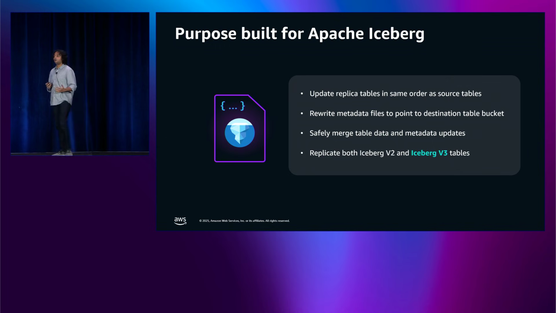And that is how we are able to keep longer replicas, which can be there for 7 years or longer, while your primary is just, let's say, 7 days, because every time you write to your source table, we understand what that delta really means in terms of Iceberg parlance. And finally, we replicate both Iceberg v2, which is most commonly used right now, and also v3 tables, which was just launched by S3 Tables a couple of weeks back, and we support both of these versions out of the box.